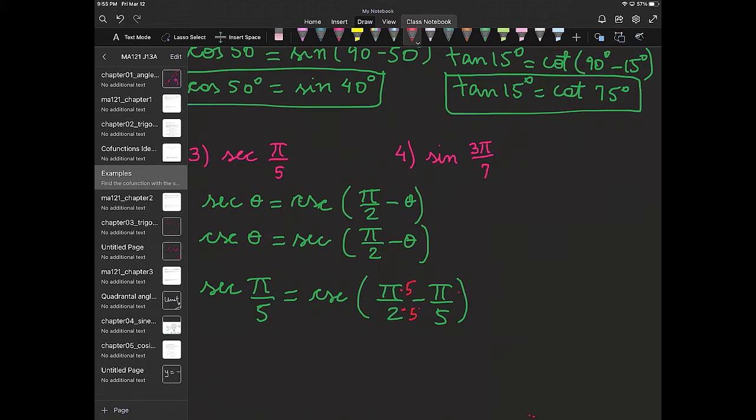And we're going to multiply the second fraction by 2, top and bottom, so the LCD will appear in the denominator. So secant of pi over 5 is equal to cosecant of 5 pi over 10 minus 2 pi over 10.